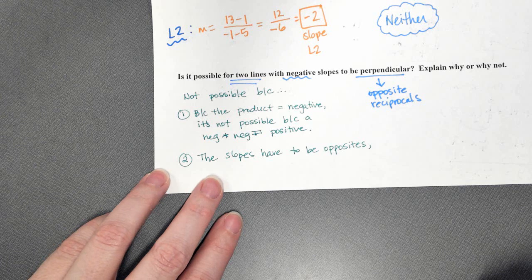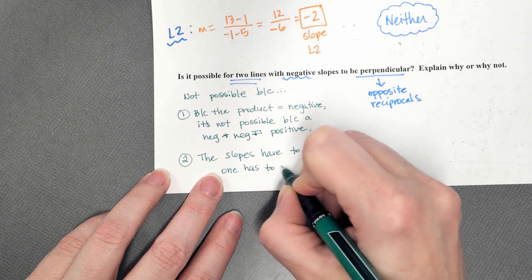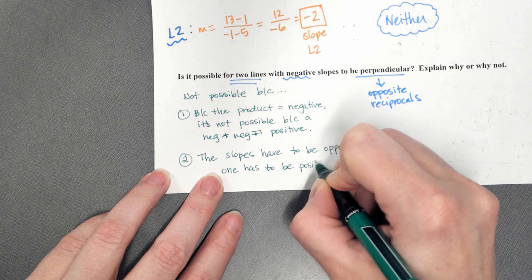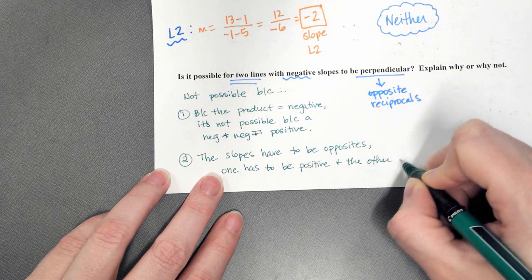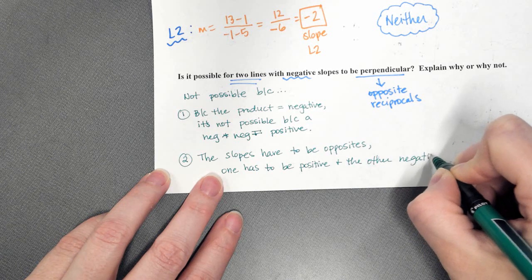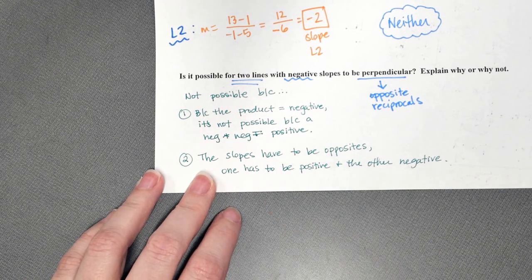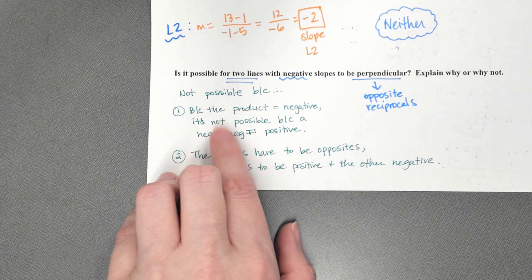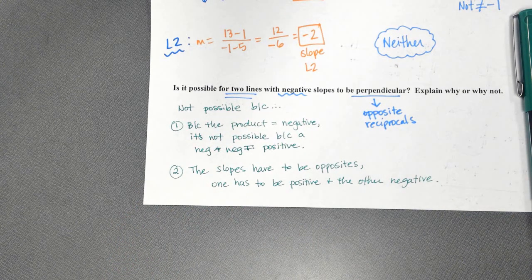So if the slopes have to be opposites, one has to be positive and the other negative. And you don't have to have both explanations down. These were just the 2 possible ones I thought you would come up with. But I really like that you guys thought about how 2 negatives multiply to a positive. And if we're going to multiply to a negative, we better have 1 positive and 1 negative. Okay, that's excellent.